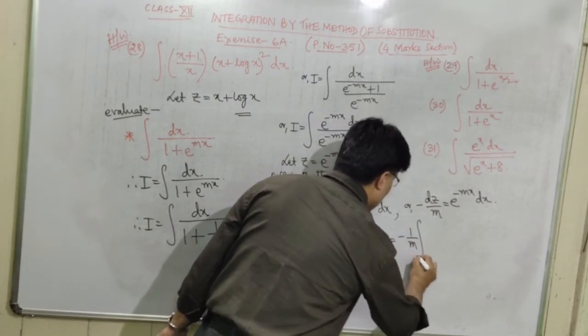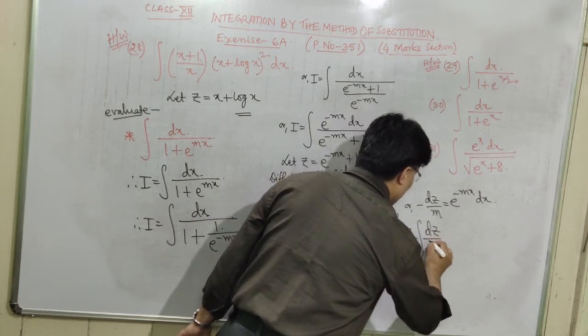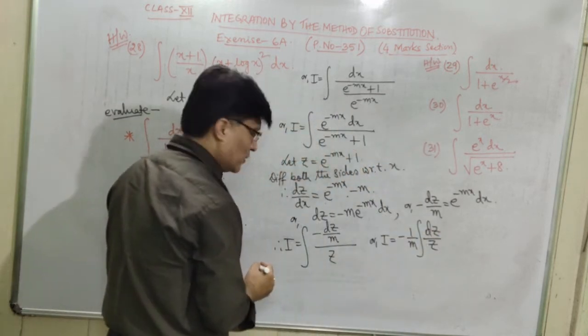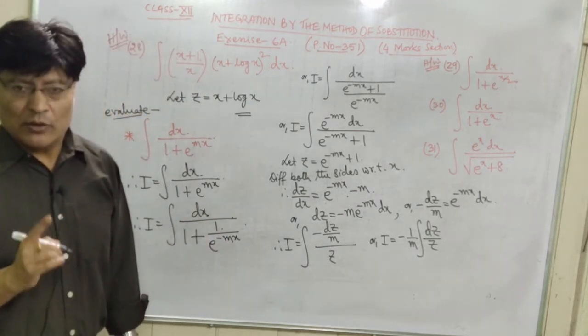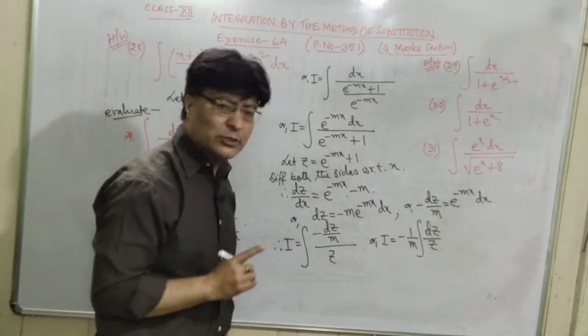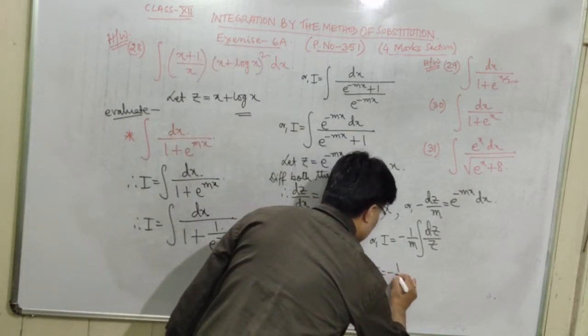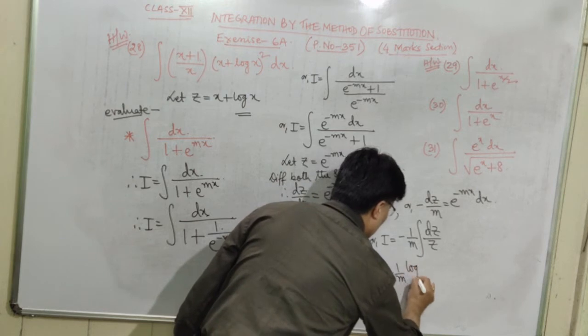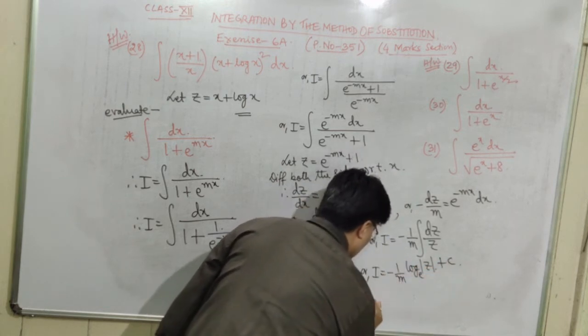Minus 1 upon m constant, integral sign, it is dz upon z. Okay, now you know what is the integration of 1 by z dz, or differentiation of which function is 1 by z, or I is equal to minus 1 by m log within mod z base e plus c.